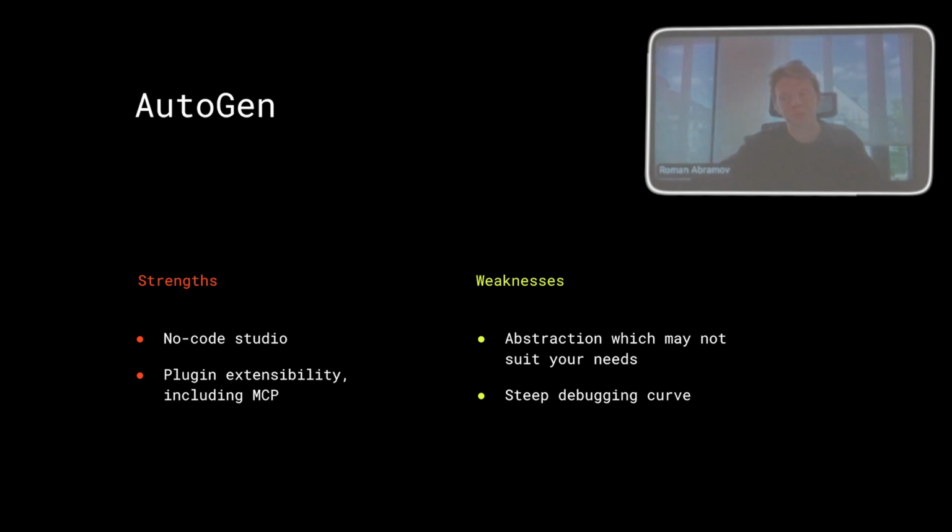So I think for some quite plain and straightforward agent, for example, go to this website and do the following, where you already have an algorithm which could be quite easily generalized, it is okay. But for something really diverse and specific, I don't think this is the best choice, although they provide plugin extensibility, including MCP, and you can write your communication via this framework.